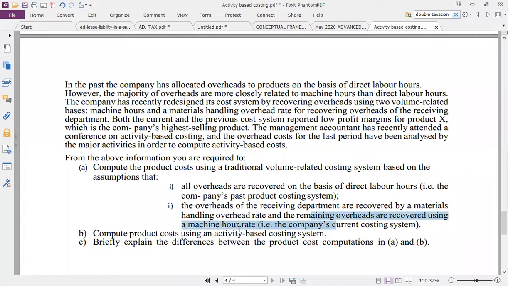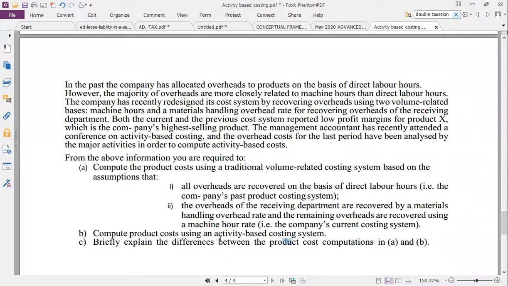Machine hour rate. That is the company's current cost system. So here it means that just the receiving overhead, use a different rate for it. When you are done, for the remaining ones, use the machine hour rate. That's all.